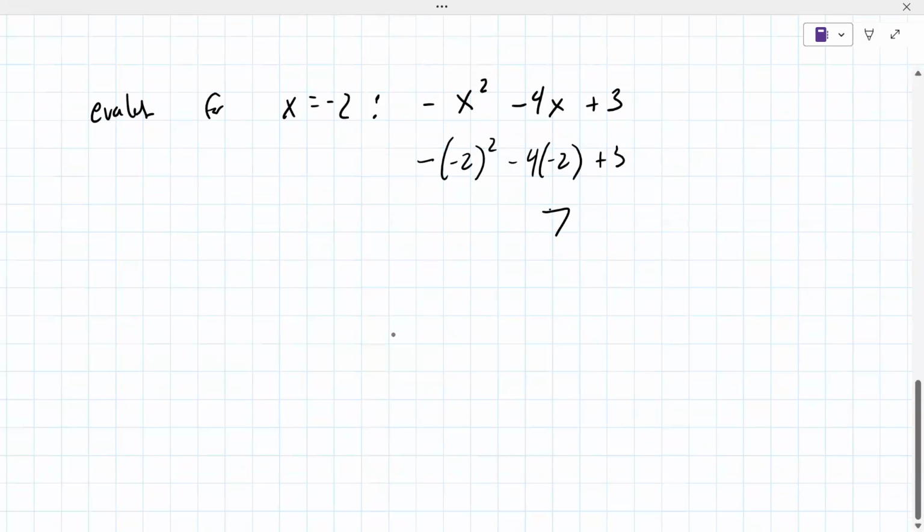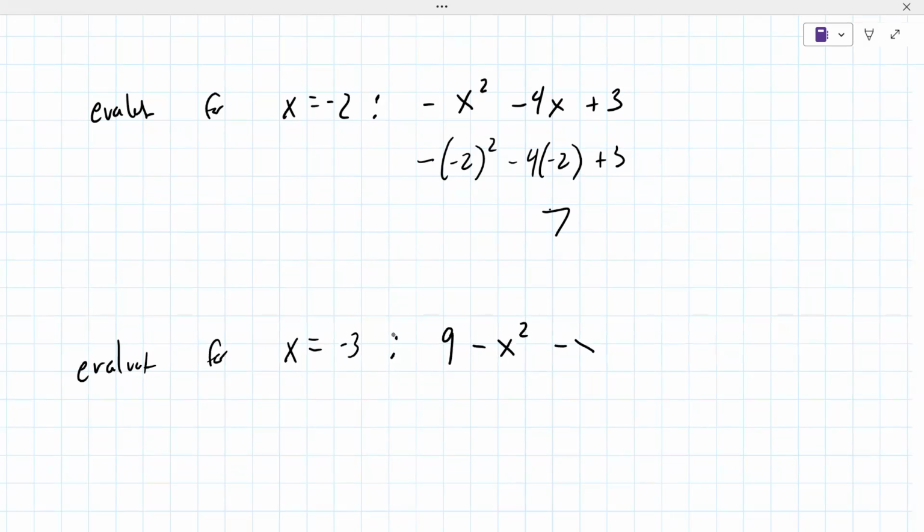Okay. Let's try another one here. Make it a little bit different, but kind of the same. Evaluate for X equals -3, 9 minus X squared minus X. So just like the last one, I square it before the negative comes into play.